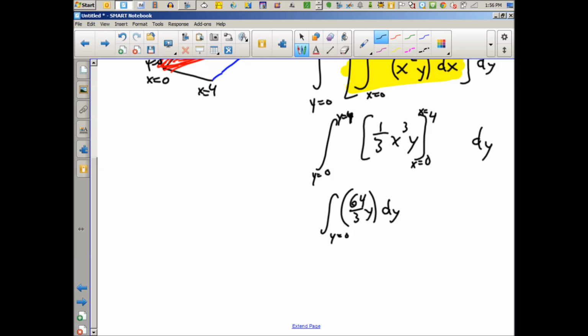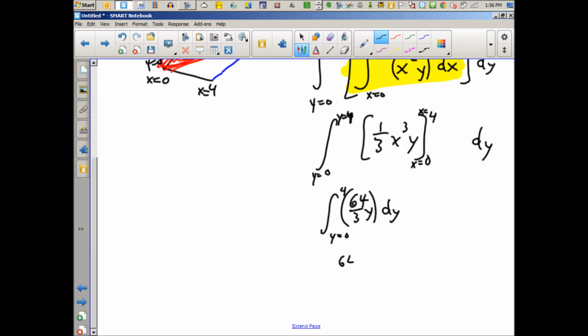This is my next problem to work on. Now I need to integrate from 0 to 4, and y, of course, is my variable. It's the only variable left. What's the antiderivative of y? Because the 64/3 is there to stay. It's 1/2 y squared, right?